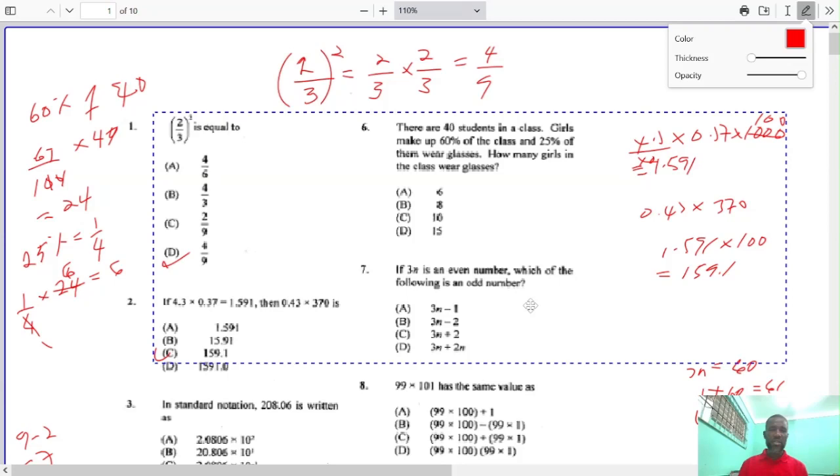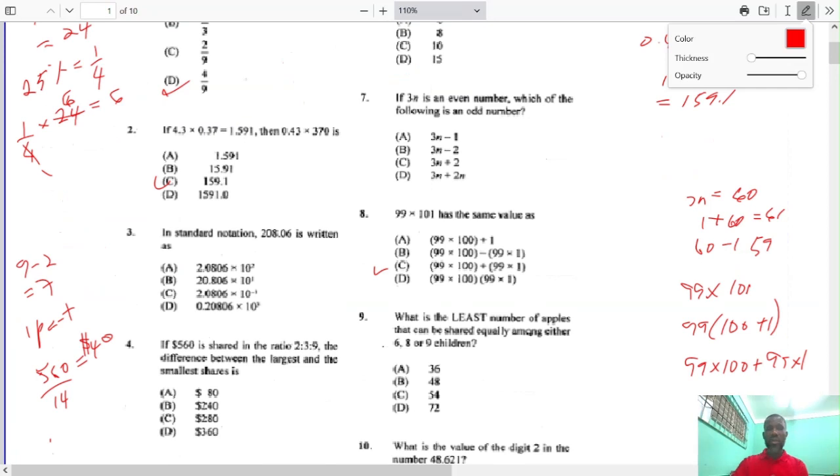So 99 times 100 plus 1 is the same as saying 99 times 100 plus 99 times 1. So therefore, if we're going to do that, our answer here is C. Alright? Hope you're understanding what we're doing thus far.